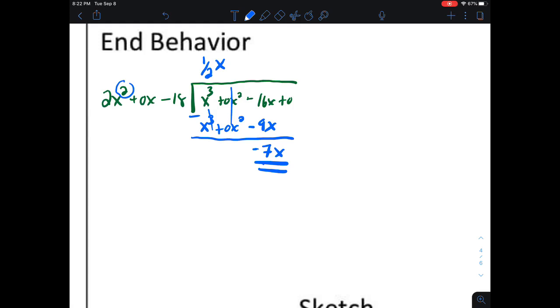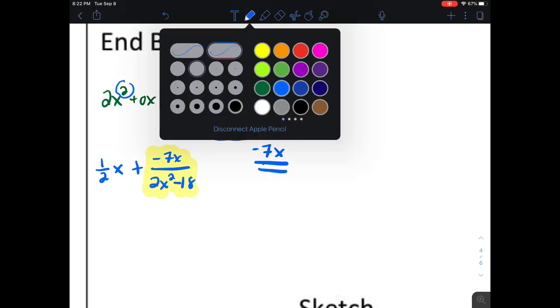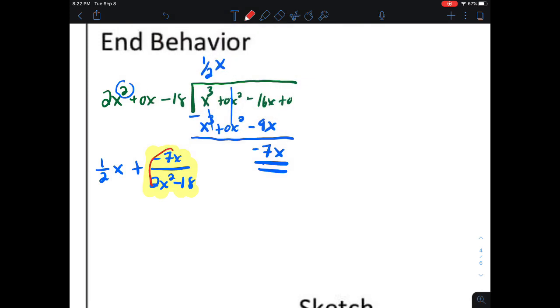So what we did when we did that long division is we rewrote our rational function as 1/2 x plus negative 7x over 2x squared minus 18. This piece, which represents the remainder, as x increases or decreases without bound, is going to approach a value of 0.